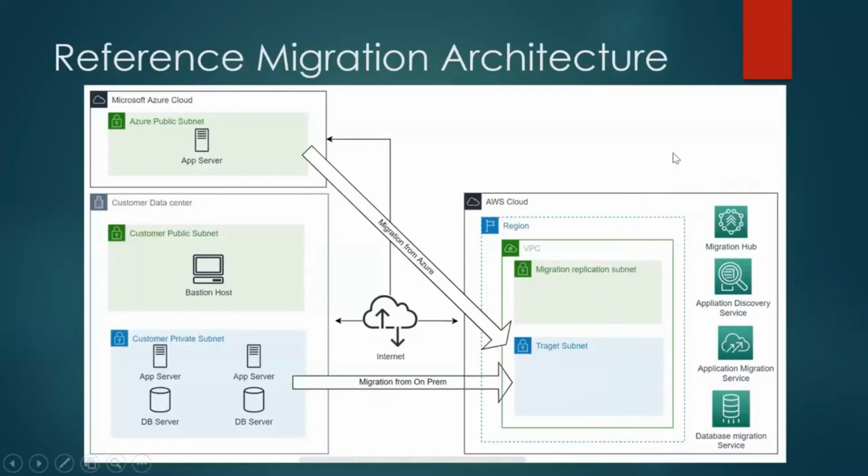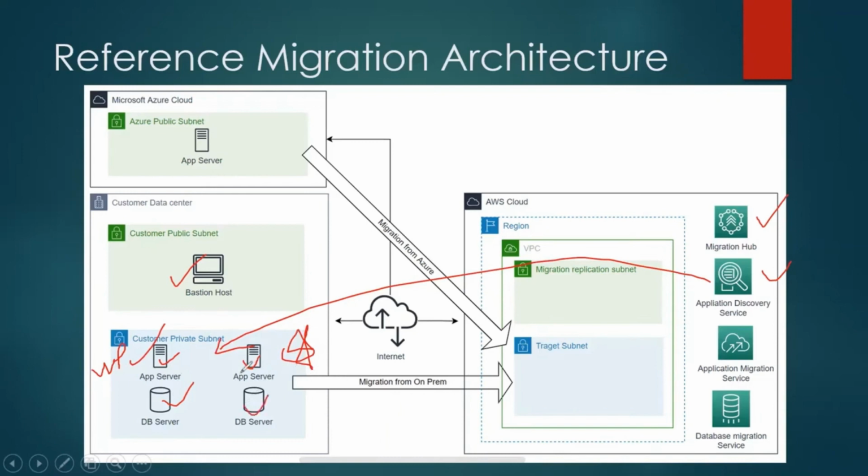Just for review purposes, this is the bastion host. We are accessing the application server for WordPress, WordPress DB, and the other application. So we are using our migration hub, ADS, and deployed the agents on all these servers: the application and database of both applications.